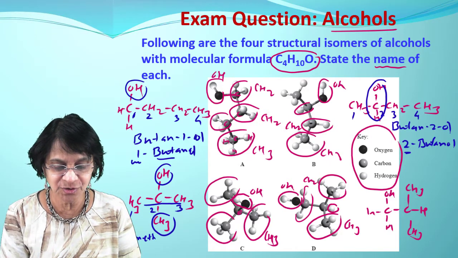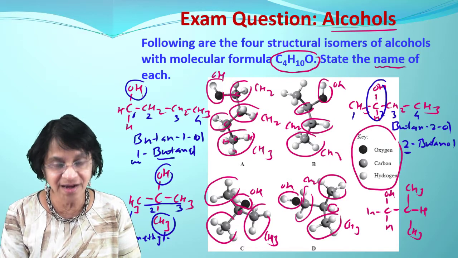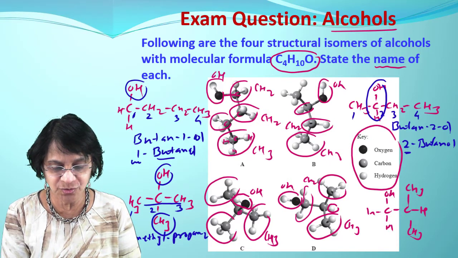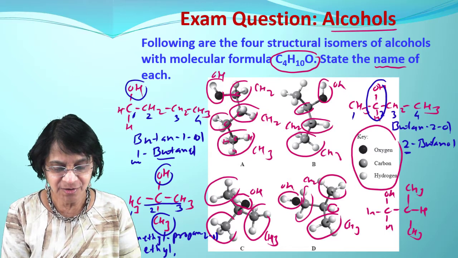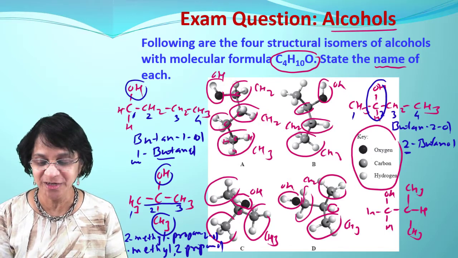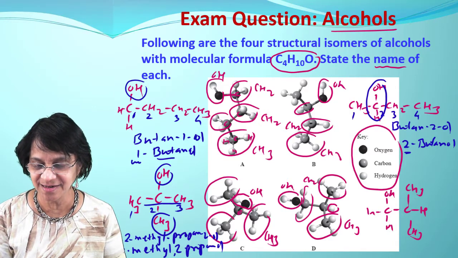So it is 2-methyl, and then we can say propan-2-ol, or we can also say 2-methyl-2-propanol.